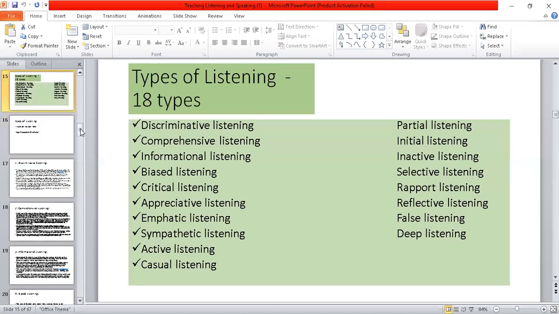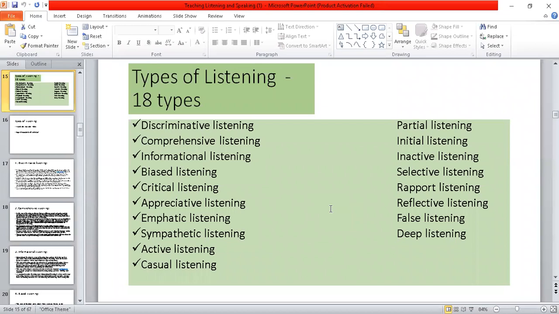There are 18 types. One is called discriminative listening, comprehensive listening, informational listening, biased listening, critical listening, appreciative listening, empathic listening, sympathetic listening, active listening, casual listening, right? Partial listening, initial listening, inactive listening, selective listening, rapport listening, reflective listening, post listening, and deep listening. So many types of listening.